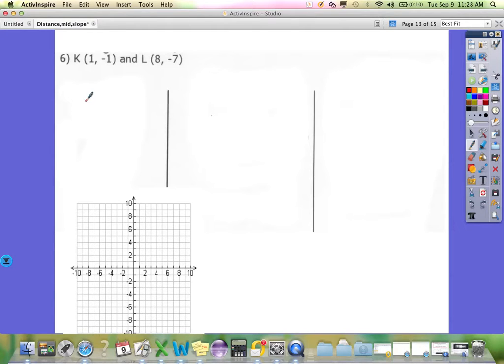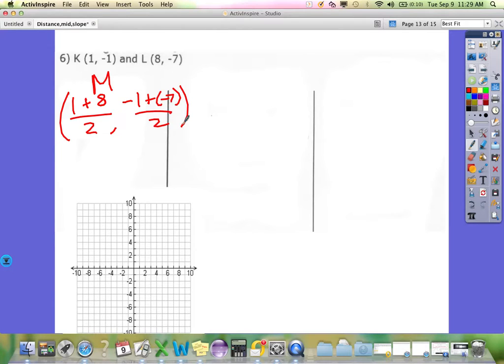Okay, so we're going to do midpoint, which is 1 plus 8 divided by 2, and negative 1 plus negative 7 divided by 2.